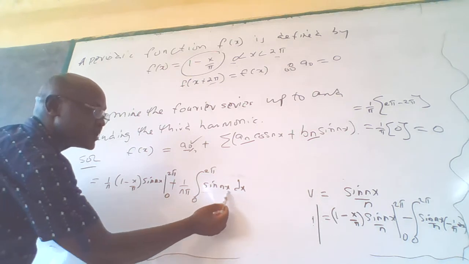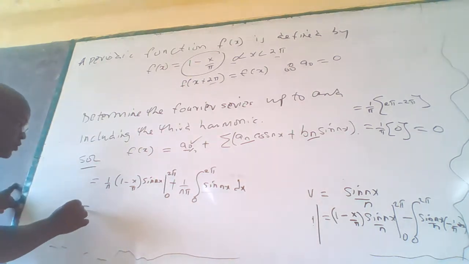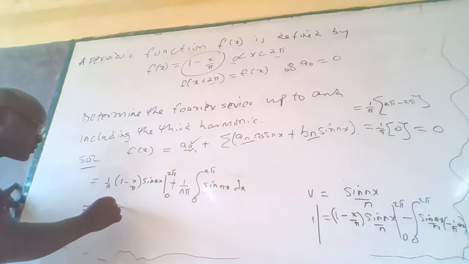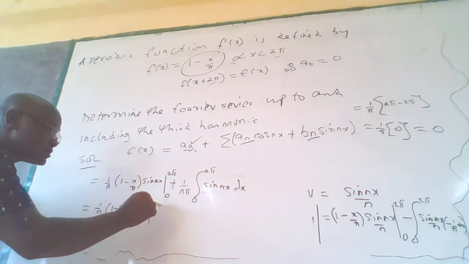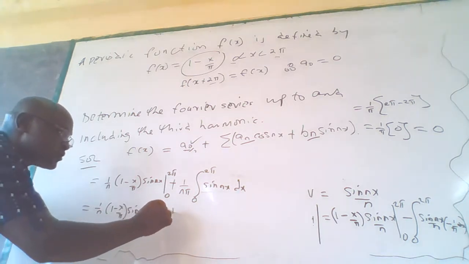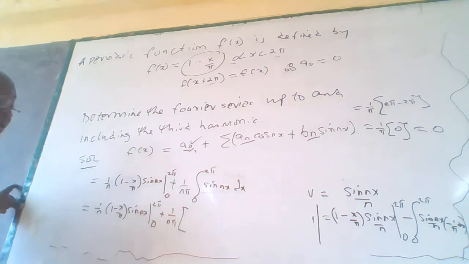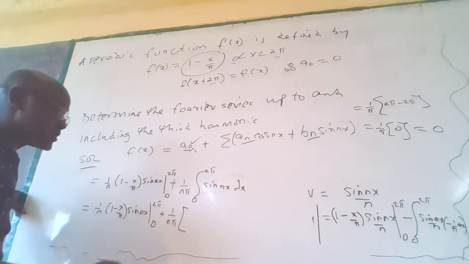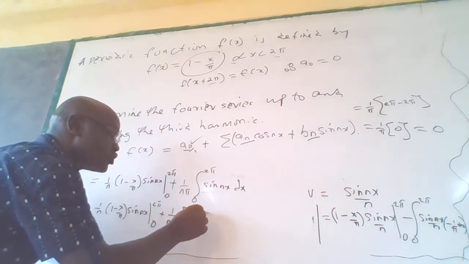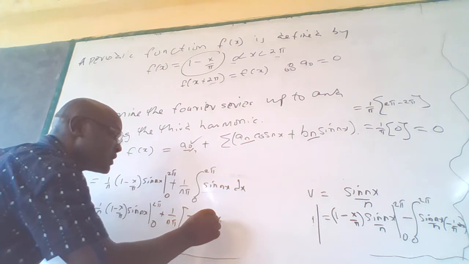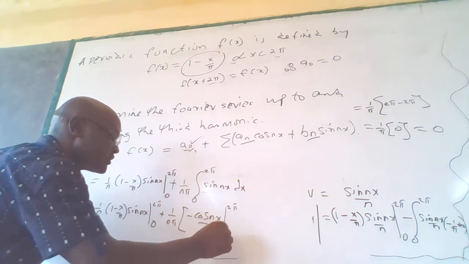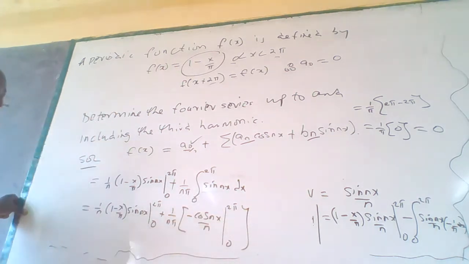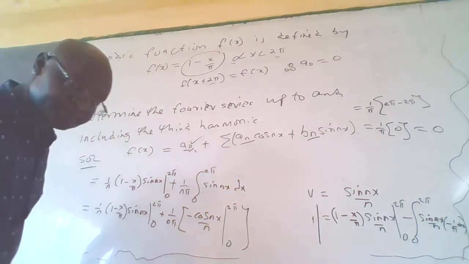Now we need to integrate this one again. So this will be equal to 1 over n, 1 minus x over pi sine nx plus 1 over n pi. Now, when you integrate sine nx, you get negative cos nx all over n. Then, of course, we are integrating from 0 to 2 pi, like that.